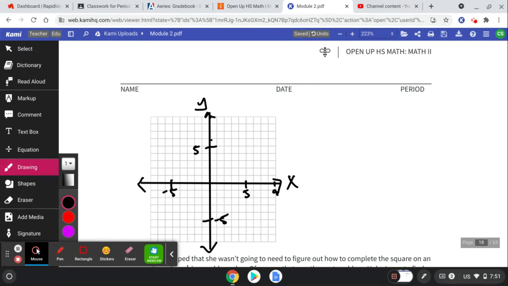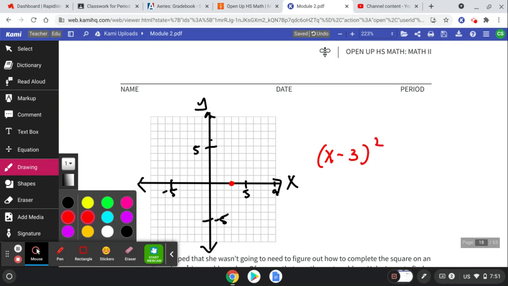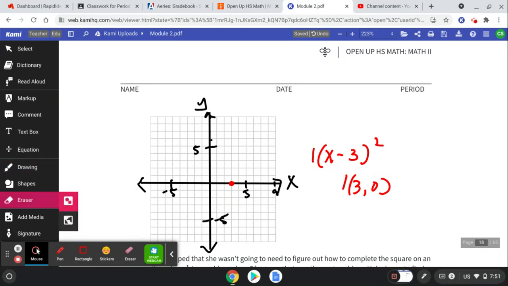Okay, so put that dot at (3, 0). This is the (x minus 3) squared graph. So my vertex is (3, 0). It's got a stretch of an invisible 1. So it means it's growing upwards at the normal rate of a parent. So out 1, up 1. Out 2, up 4.